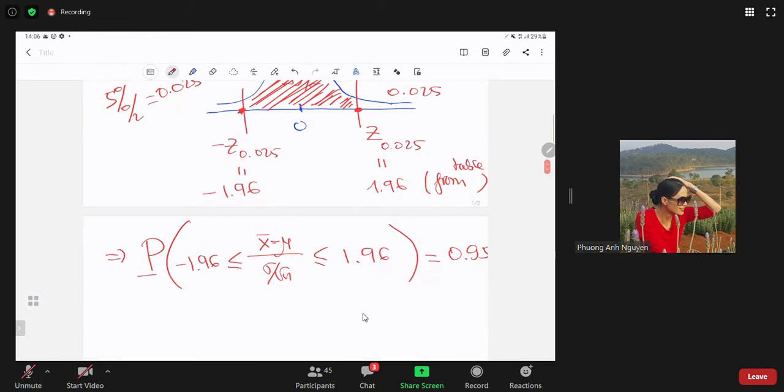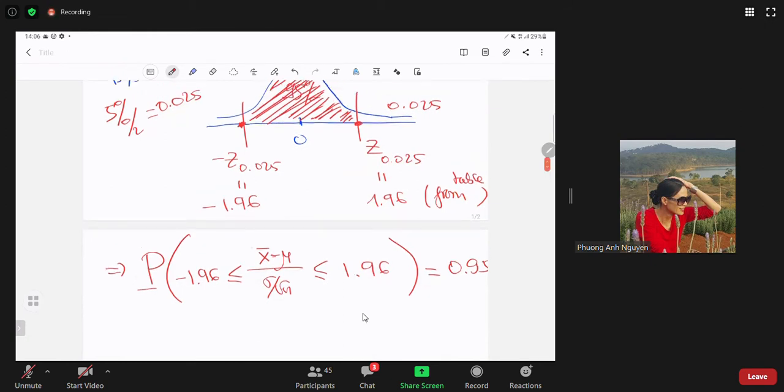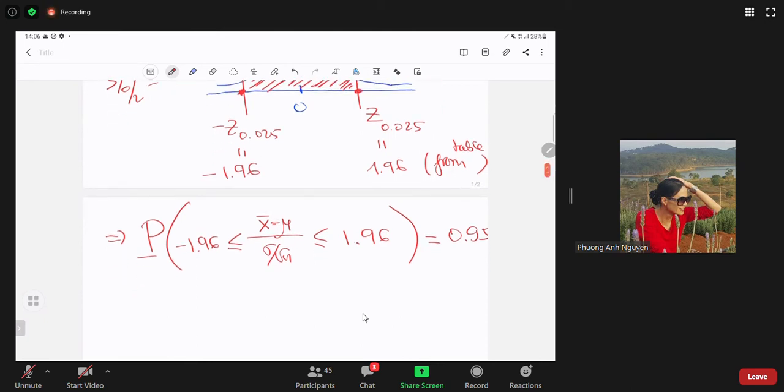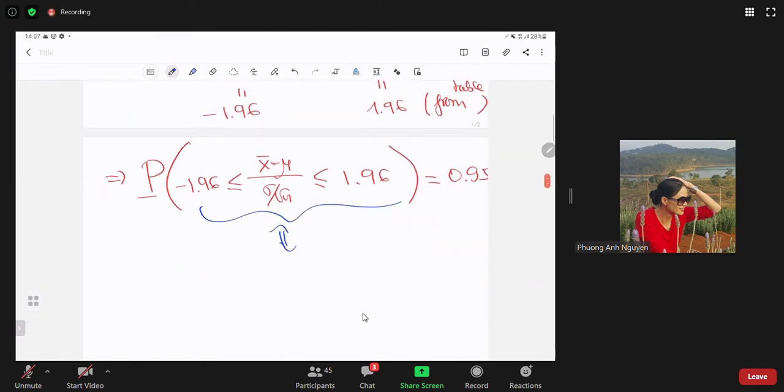The probability of this statistic belonging to the interval minus plus 1.96 is equal to 0.95. And one more step: I'd like to show another way to transform it, I just want to write it down differently.